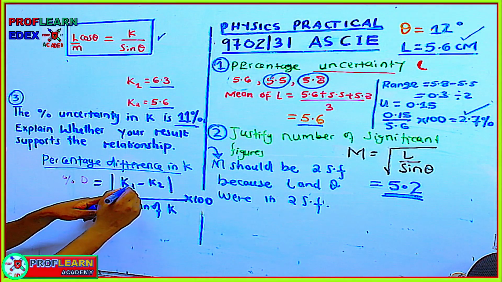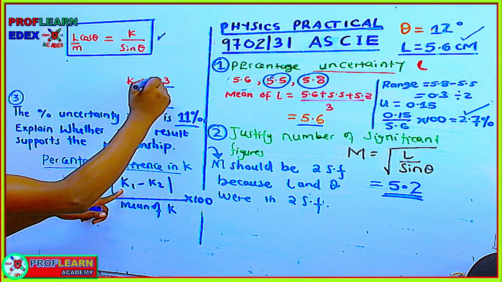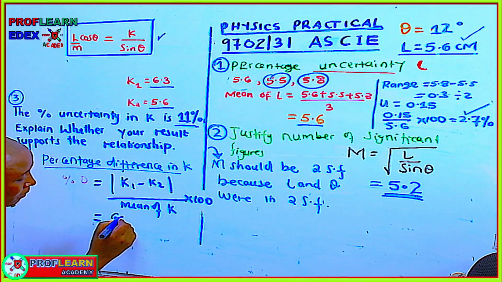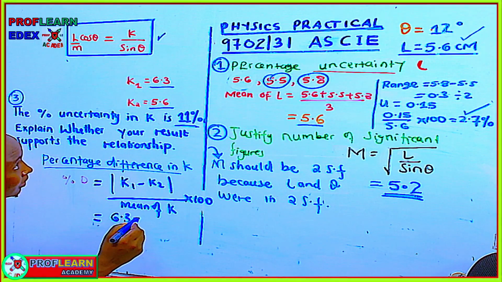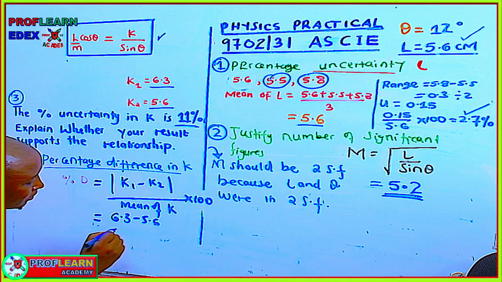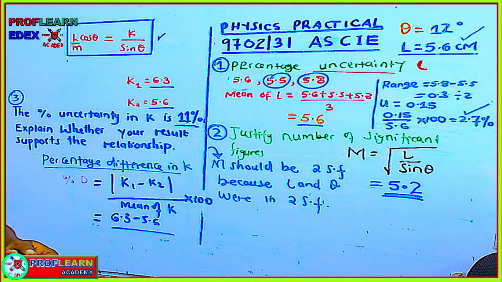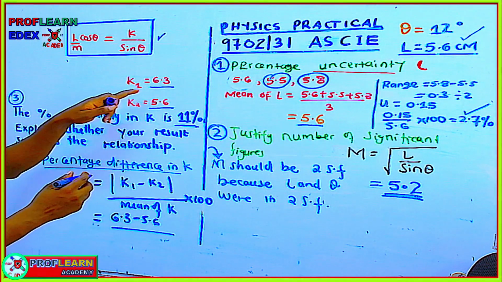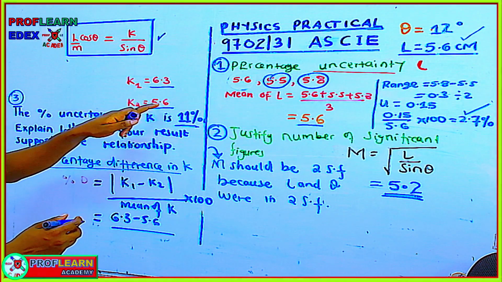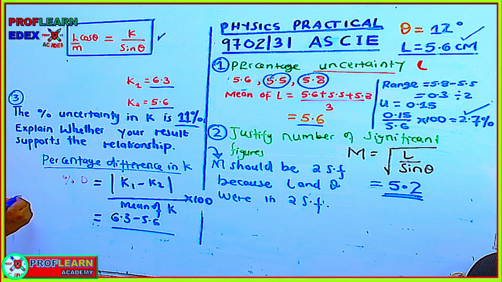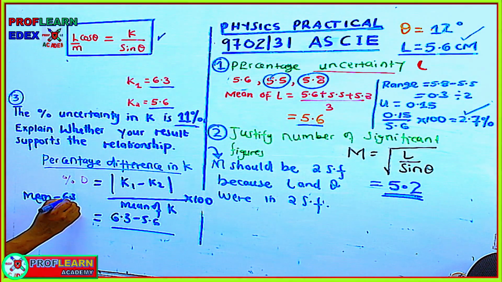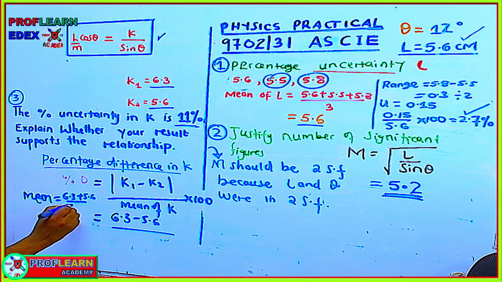So we're going to say K1 minus K2. This is our K1, which is 6.3 minus 5.6, divided by, what's the mean? Mean is the mean of K, 6.3 plus 5.6 divided by 2.